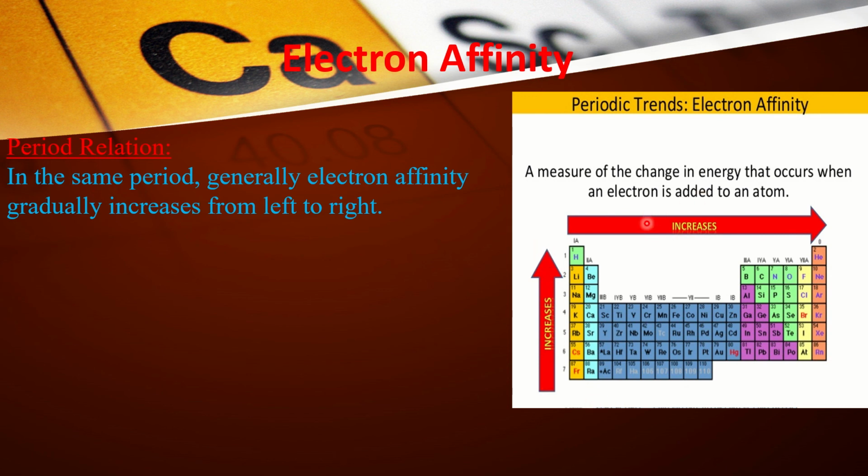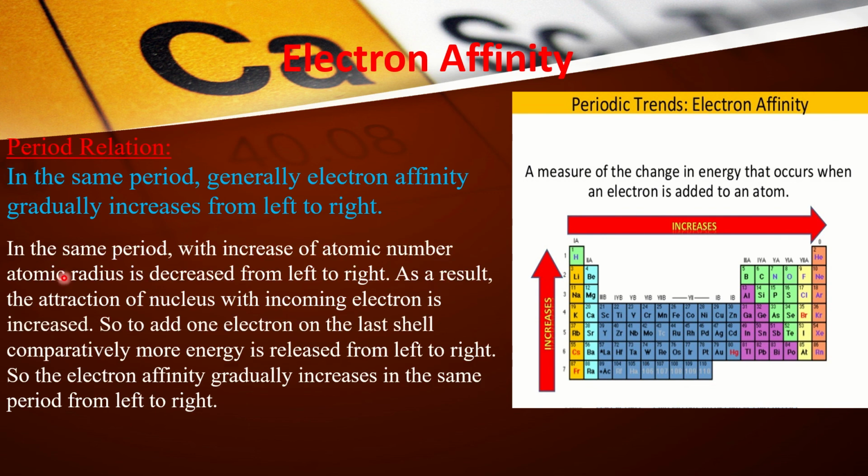Here also, like ionization energy, in the same period, there are some deviations for the electron affinity that we will learn in higher classes. In the same period, same case like group relation, with increase of atomic number, atomic radius is decreased from left to right. As a result, the attraction of nucleus with incoming electron is increased.